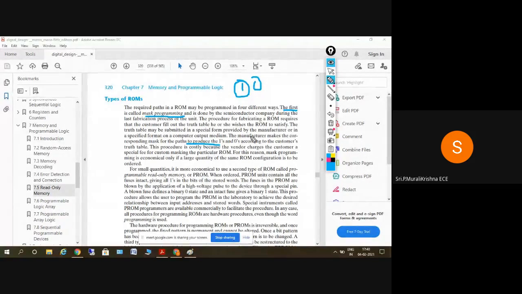This is very costly, because he gives a single truth table and says I need a single circuit, and implementing a single truth table for a single circuit is very costly. Suppose I need thousands of ROMs, the same devices, then it will be economical. So mask programming is economical only if large quantities of the same ROM configuration are ordered.